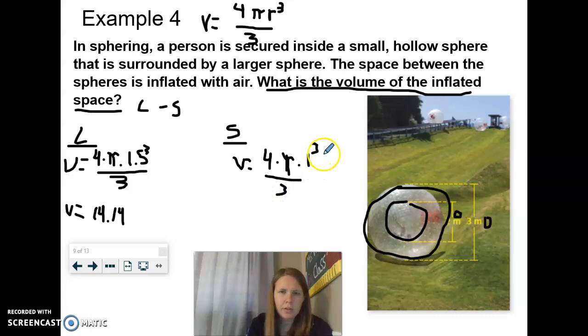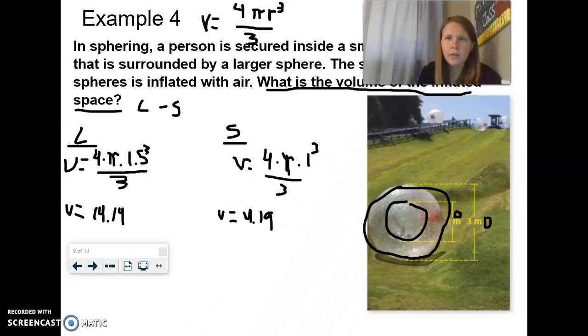Really 1 to the third is 1, so you're just taking 4 times pi, divided by 3. In this case, let's round again to the nearest second decimal. So I get 4.19.